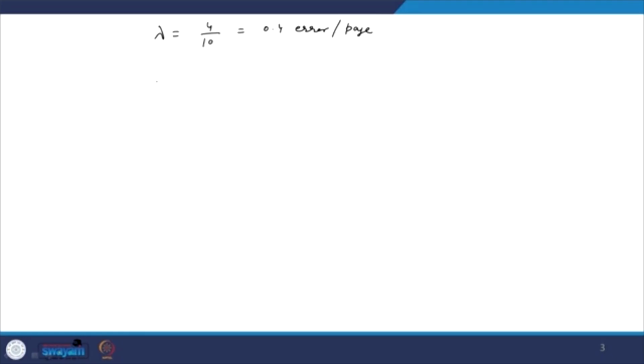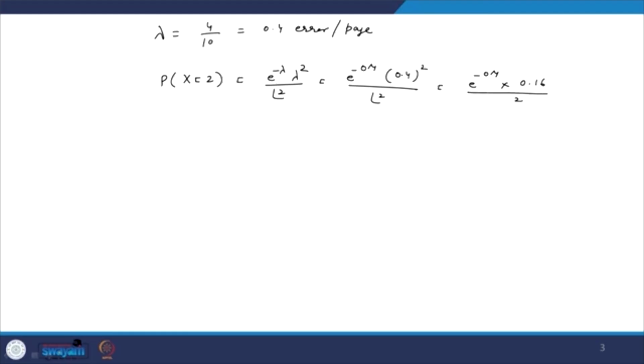The probability for x equal to 2 will be e raised to power minus lambda, lambda square upon factorial 2, which is simply e raised to power minus 0.4 into 0.4 whole square upon factorial 2, which is e raised to power minus 0.4 into 0.16 upon 2, which is 0.08 into e raised to power minus 0.4. Okay. This is the probability of 2 errors per page.